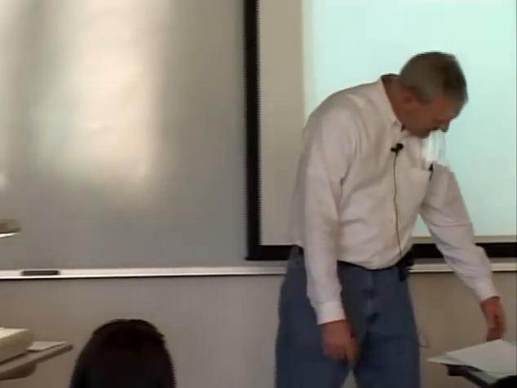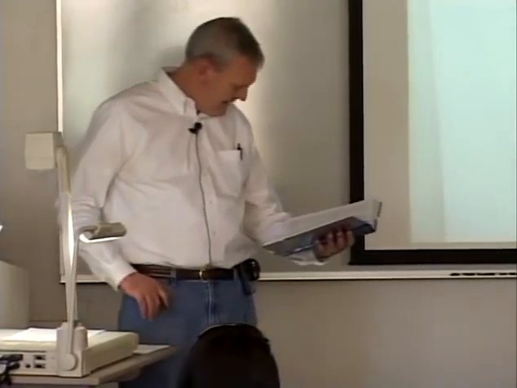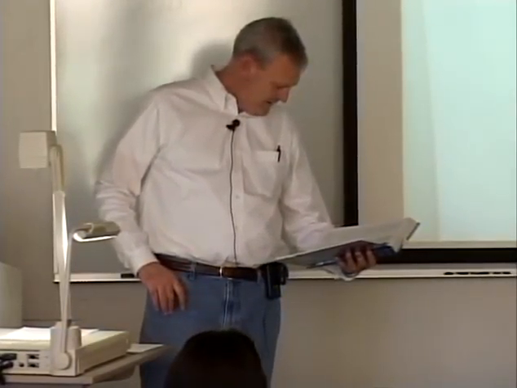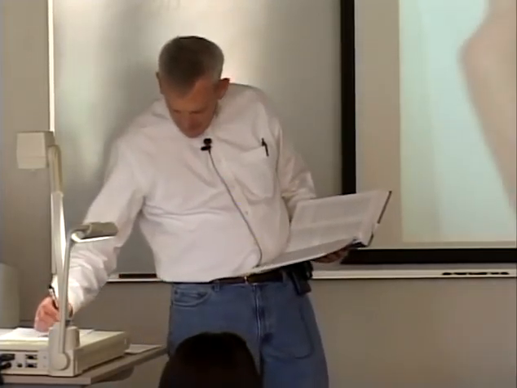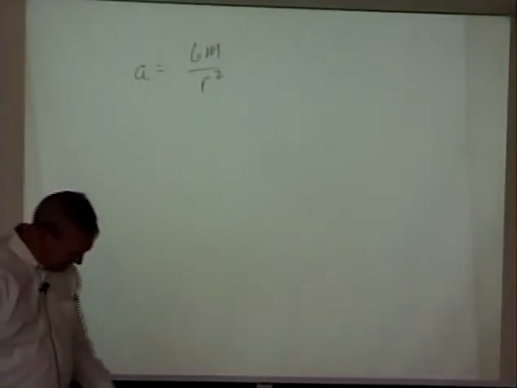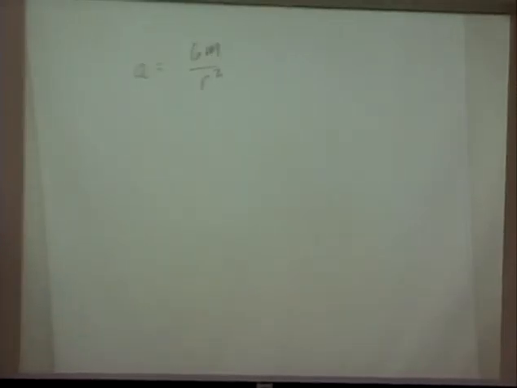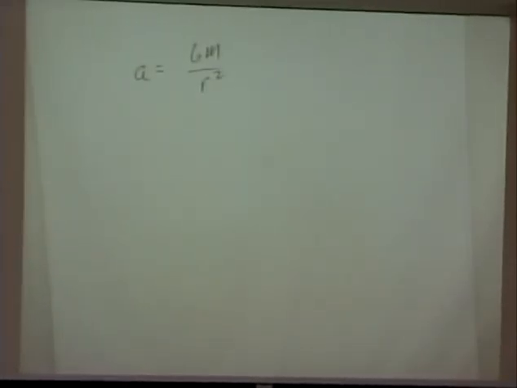It's just a matter of aligning your subscripts. Let's take a look at that one problem, problem 38, because I got a couple emails on that one. Problem 38 says, what would be the acceleration due to gravity? So a equals GM over r squared. Basically, let's find the Schwarzschild radius of the sun if it went into a black hole.